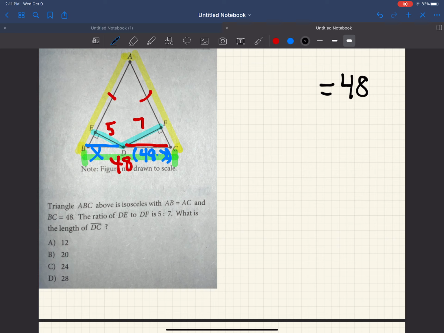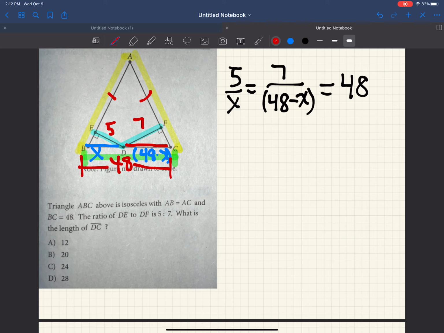So we have a ratio of 5 over X, and that equals the ratio 7 over, and I'll put this in parentheses because I like to keep the terms in parentheses, 48 minus X. Okay, now we can solve this by cross multiplying, but again, what I want you guys to really get from this one, this is so important in math, is understand if you know the whole length of something and there's two parts, you can always call one X as a variable and the other that number subtracting X. And you have the two parts that equal the whole.